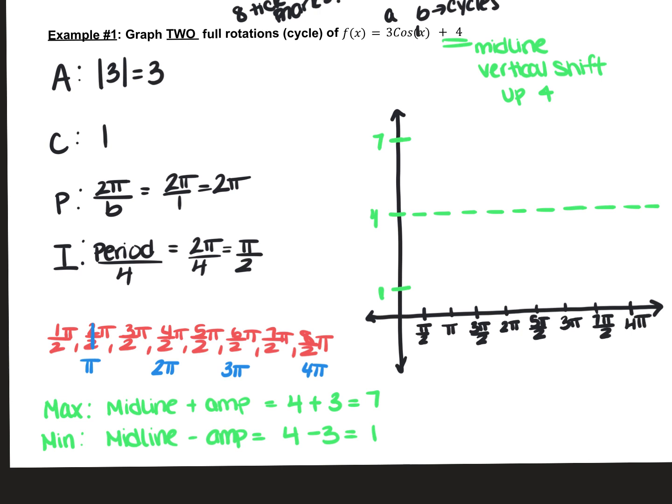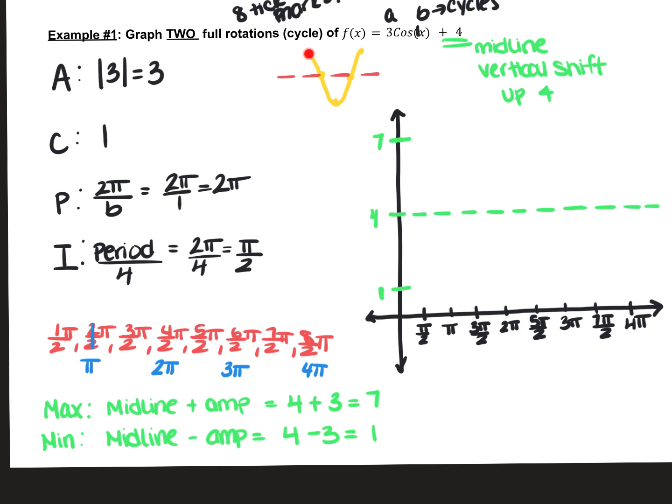So we need to create a positive cos graph. We need to have in the back of our head that a positive cosine graph goes down, down, up, up, all with respect to our midline. It doesn't matter where our midline is. It just so happens that our midline is here.